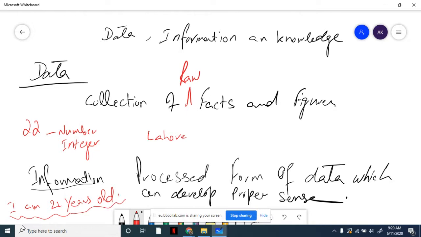It makes sense. अगर मैं इसमें से कोई एक सिंगल वर्ड उठा लेता हूँ, that again turns into data. So data means incomplete or raw facts and figures, though those raw facts and figures are important in themselves. Zahir hai, these are the facts and figures, these are the values, these are the words which make the actual sentence. But right now they are not making any sense. So this is what data and information are.